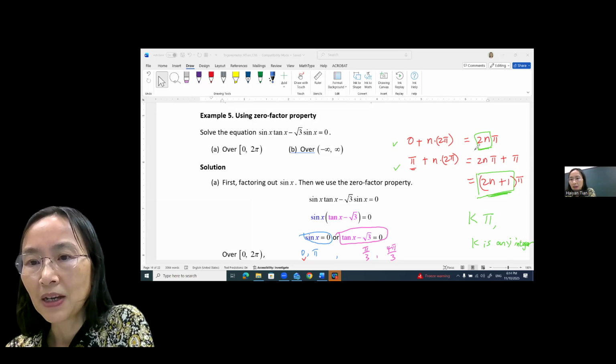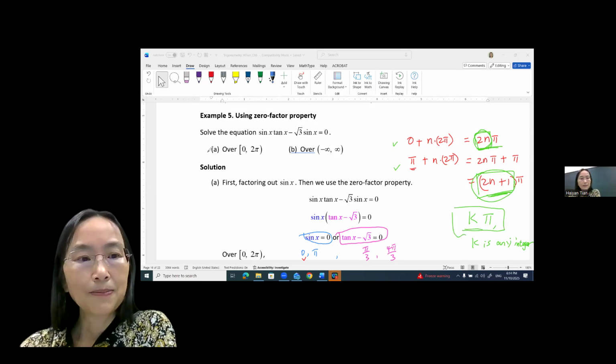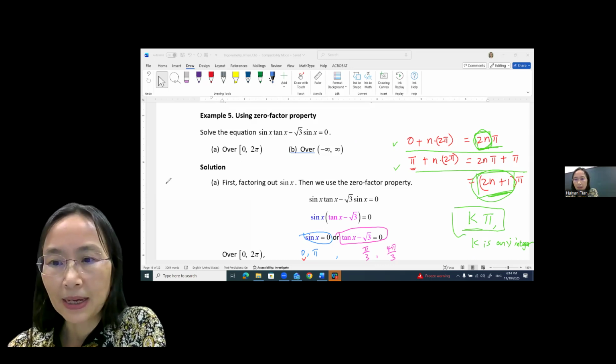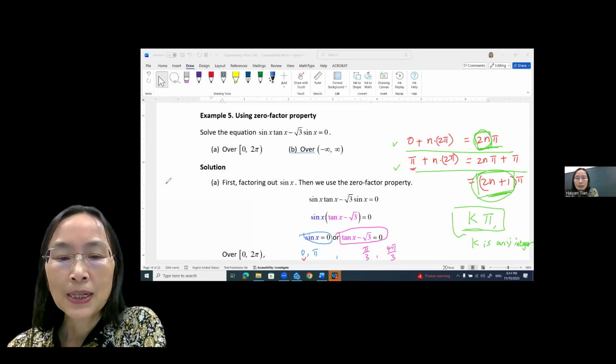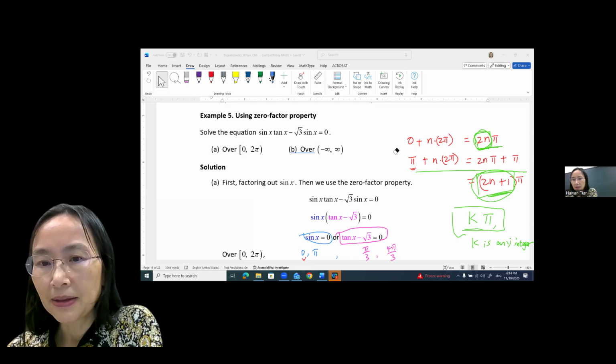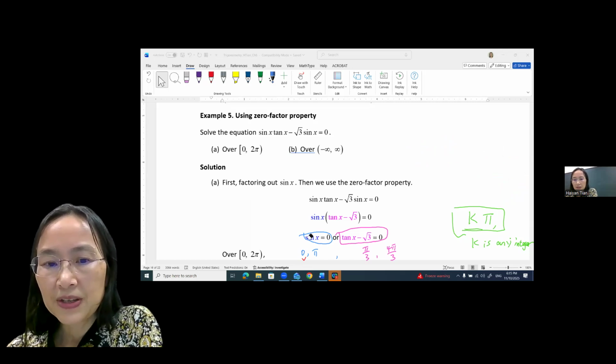So we combine this whole set of solutions into a short form. That is a very clean way to write it. So we have k times pi, k as an integer, and I'm done with this part. So we have found all solutions for sine x equals 0.